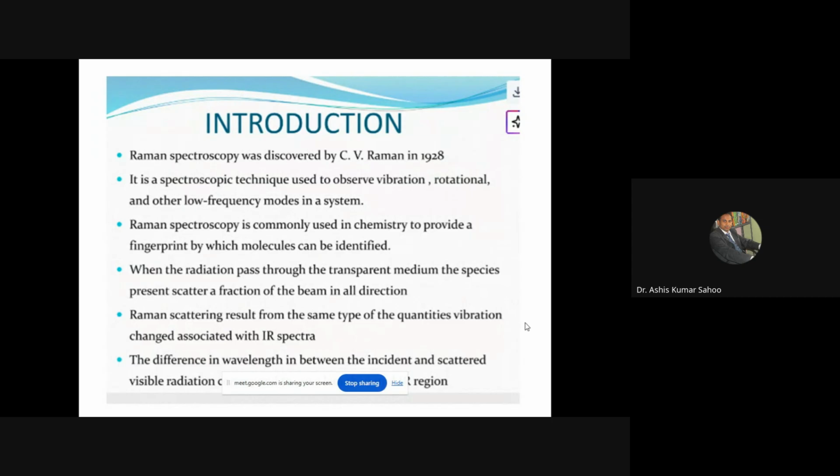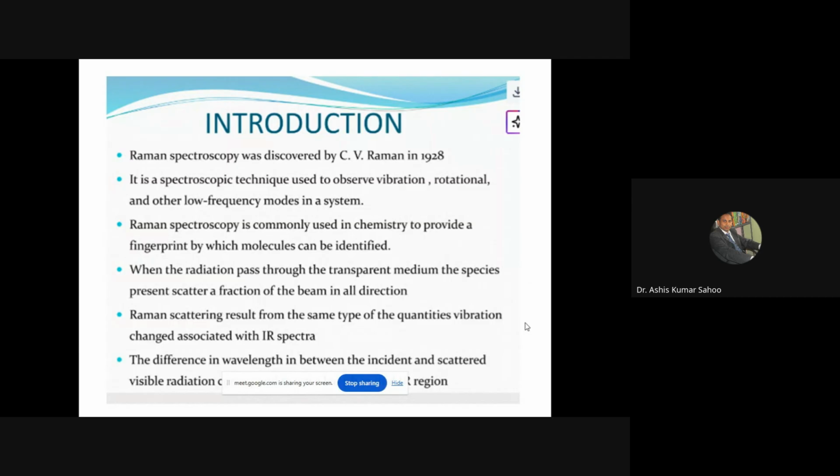It is a spectroscopic technique used to observe vibration, rotation, and other low frequency modes in a system. Raman spectroscopy is also commonly used in chemistry to provide fingerprints by which a molecule can be identified.